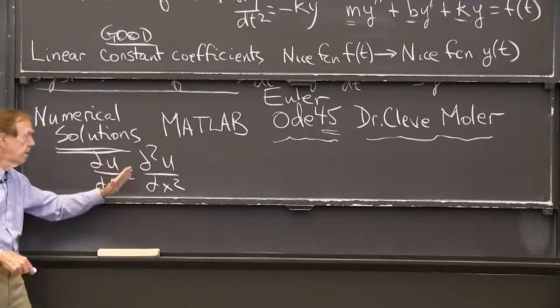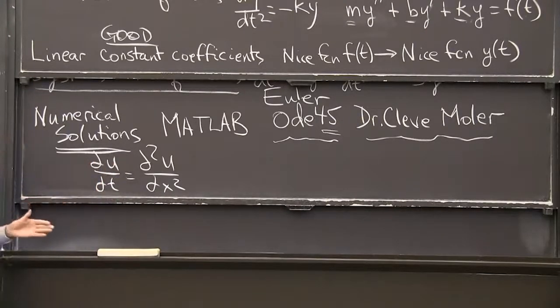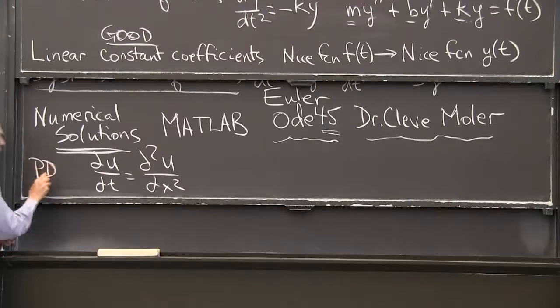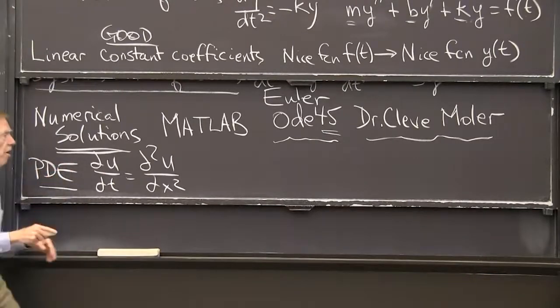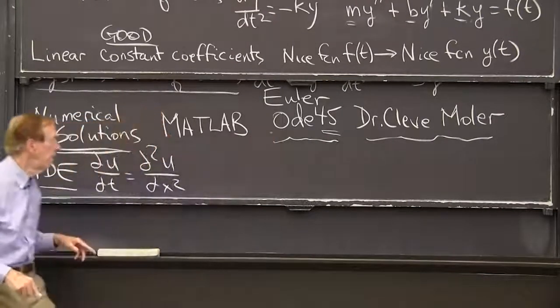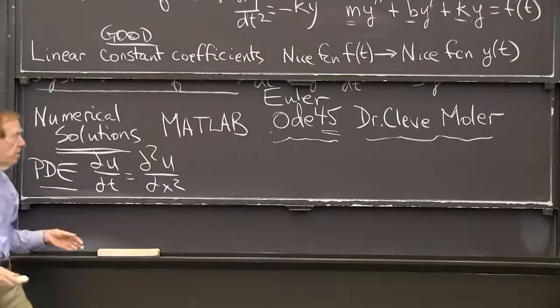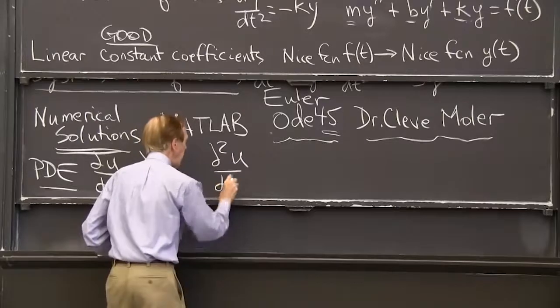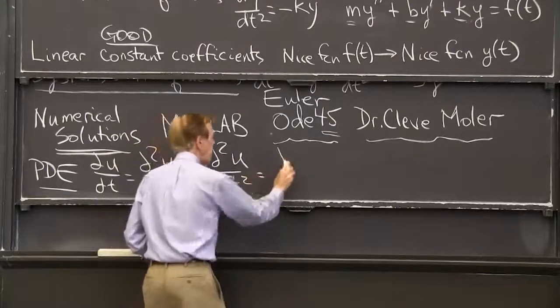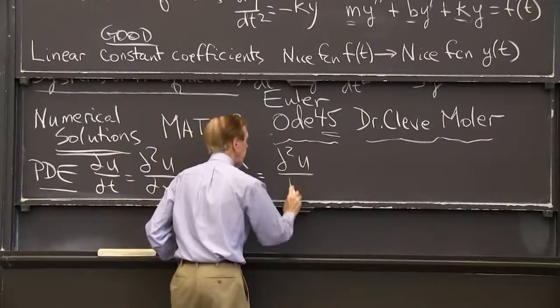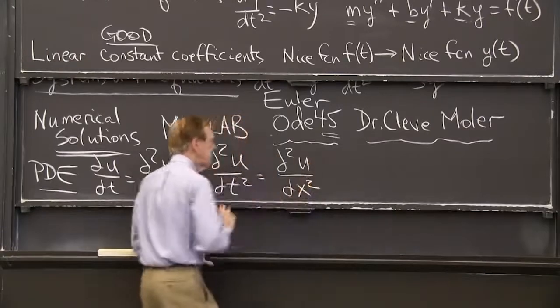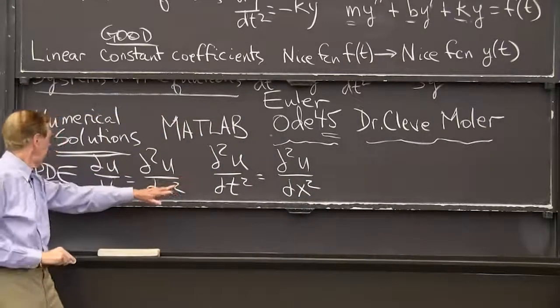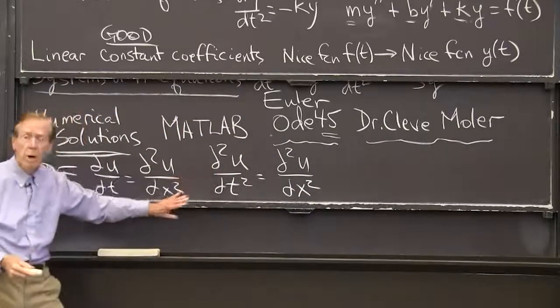That's a very important constant coefficient partial differential equation. So PDE as distinct from ODE. And shall I write down one more? The second derivative of u is the same right-hand side, second derivative in the x direction. That would be called the wave equation.